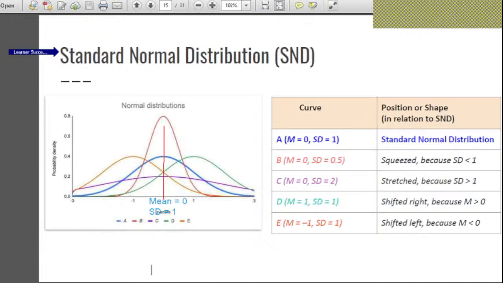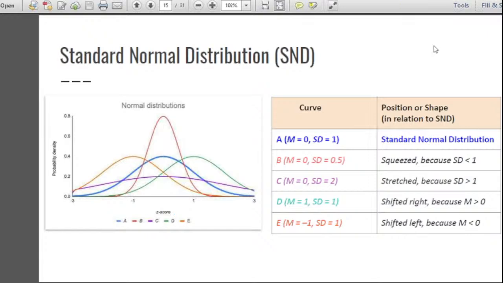Of course, mean is equal to median is equal to mode is always there for all the normal distributions. But now, what we do is we convert any type of normal distribution into a standard normal distribution.